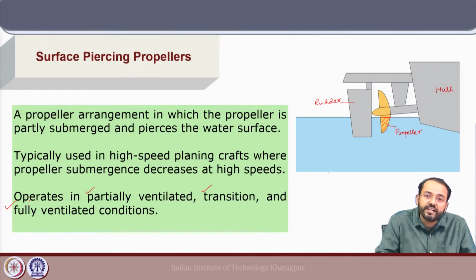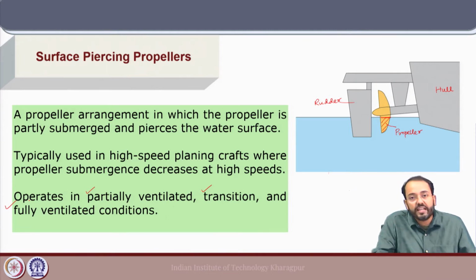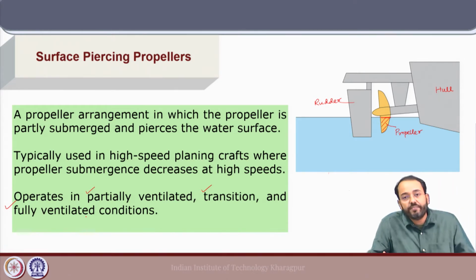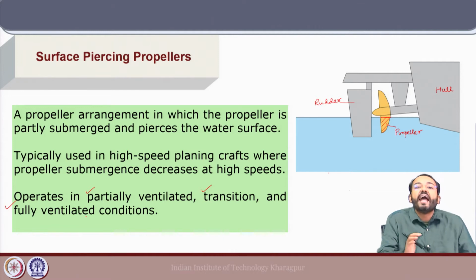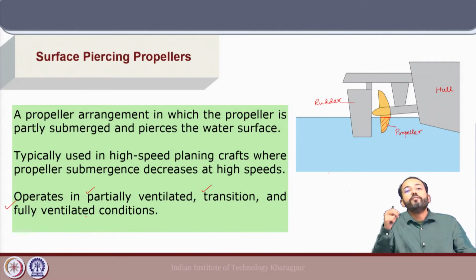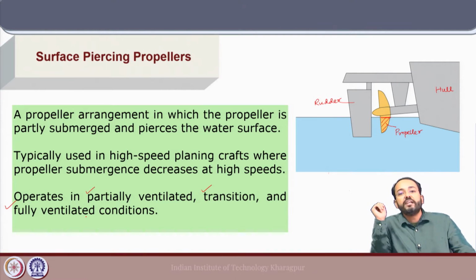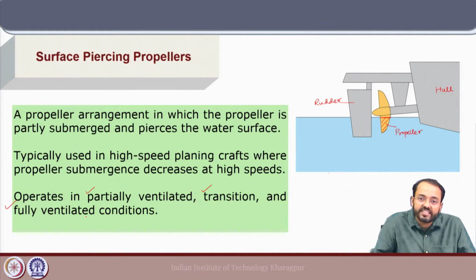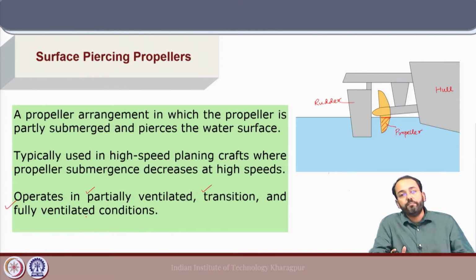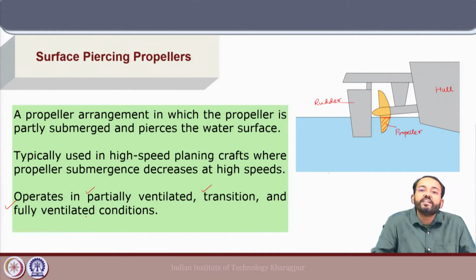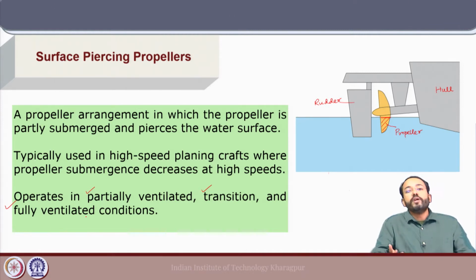But for a surface piercing propeller which operates in partially submerged mode, the ventilation mechanism will be an important part of the propeller performance, and it operates in partially ventilated condition when a part of the propeller blade is engulfed in the air, and in transition condition where the air will be formed on certain parts on the propeller leading edge, and in fully ventilated condition where the propeller blade will be covered entirely by an air film, and hence the thrust and torque characteristics of the propeller will fluctuate when it operates in these different conditions.